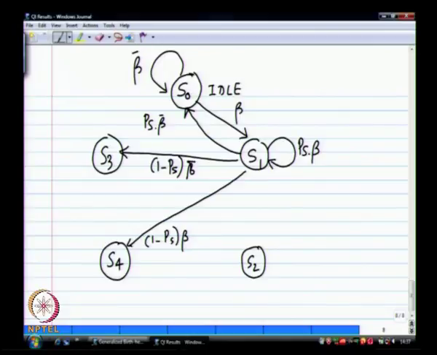Okay, let us look at S3 next. So I was unsuccessful in the previous slot and no packet came. From S3 then what are the transitions? I will go from S3 to S3, which means I did not do a retransmission and no new packet came. So this is 1 minus PB, where PB is my backoff probability, the probability of retransmission.